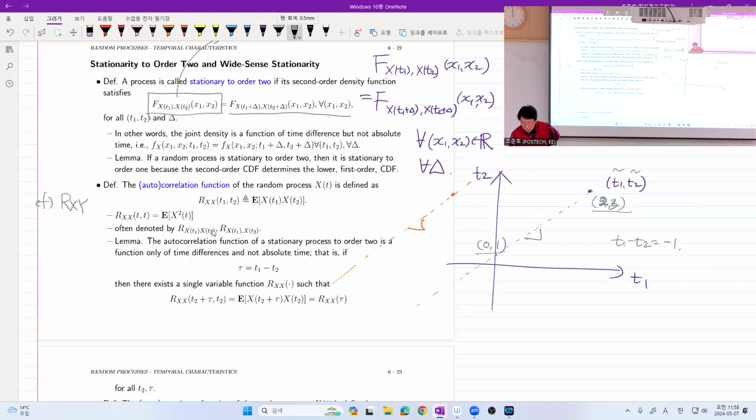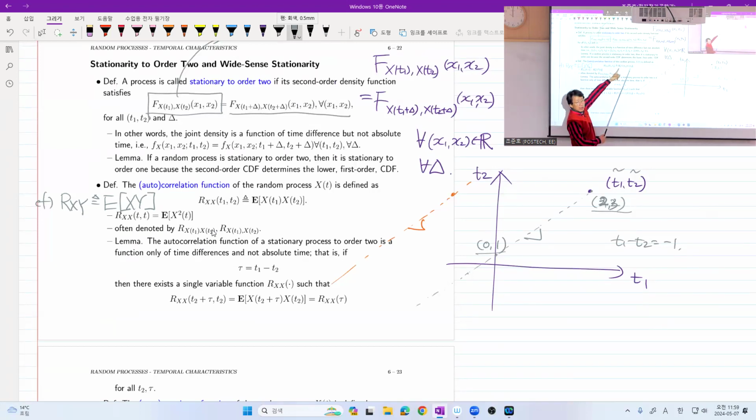So what was this one? Capital R sub capital XY, with or without comma, but people love it without comma, and it's defined as the expected value of the product between two joint random variables, X and Y, right? So recall this definition, and now take a look at this notation and its definition.